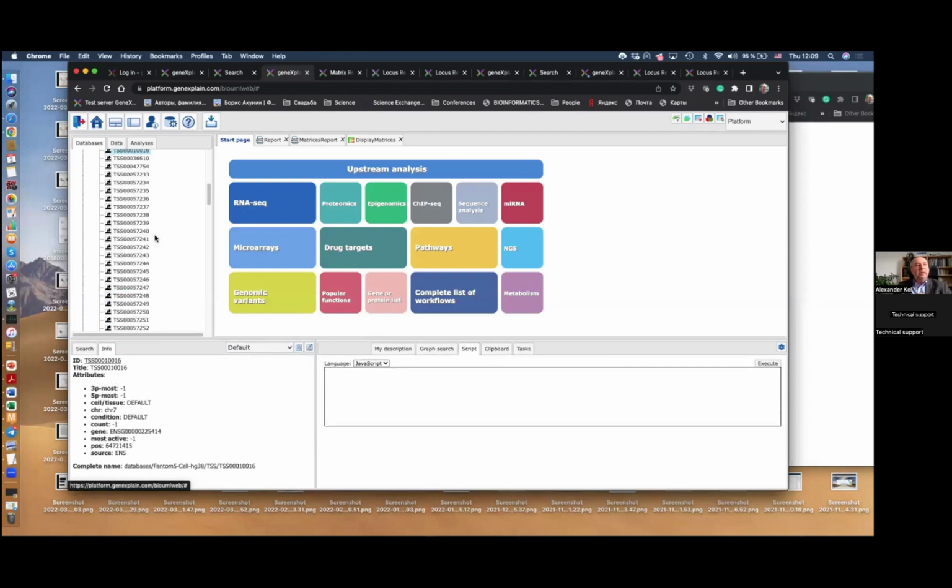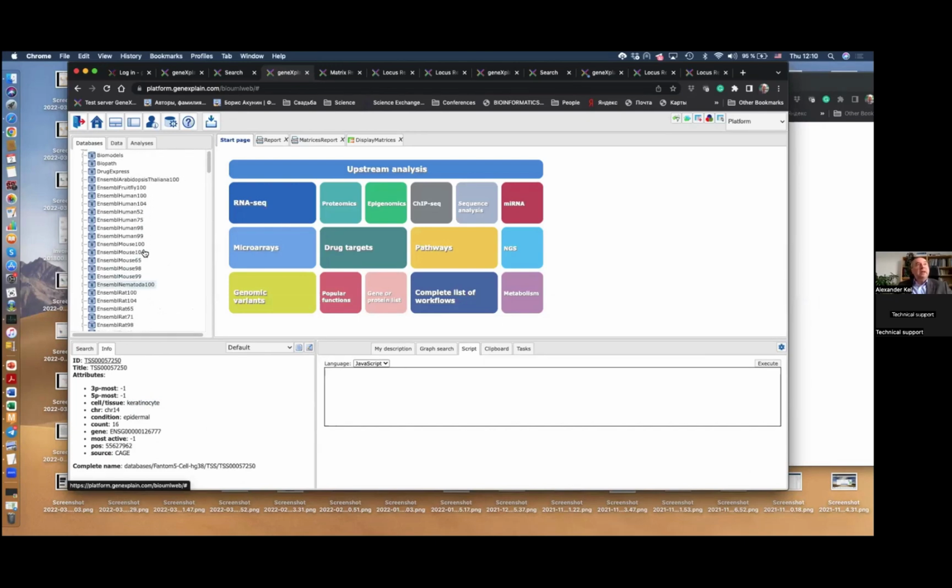So, for instance, if I click on that promoter, it tells me this promoter is acting in keratinocytes. This promoter is acting again in keratinocytes. So this database gives you a lot of promoters acting in different types of cell types.